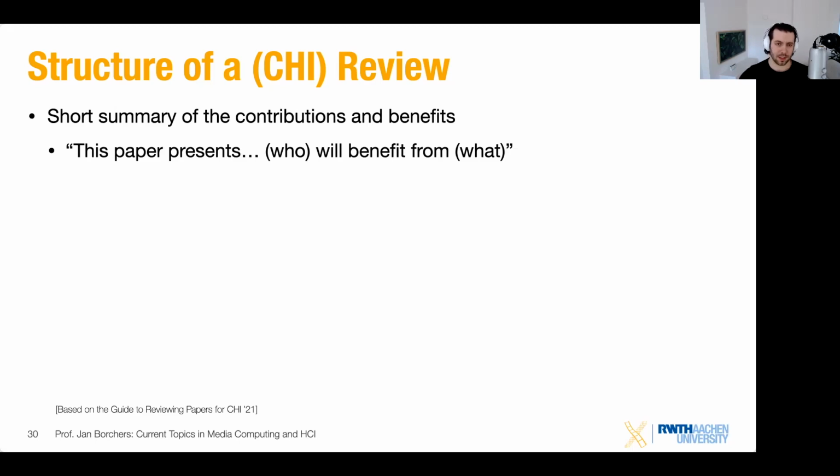So the first thing expected of you is to write a short summary of the contributions and benefits. So basically provide a contribution and benefit statement as we have shown you previously in the lecture, which contains the general stuff like: this paper presents whatever, and this paper will benefit who with what.